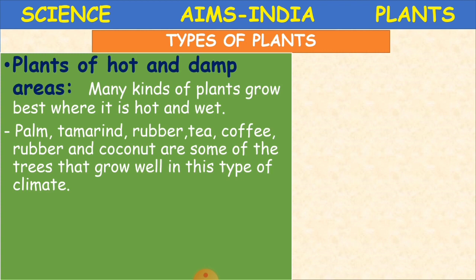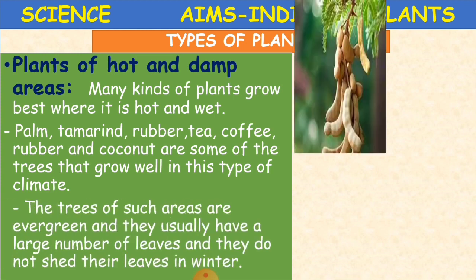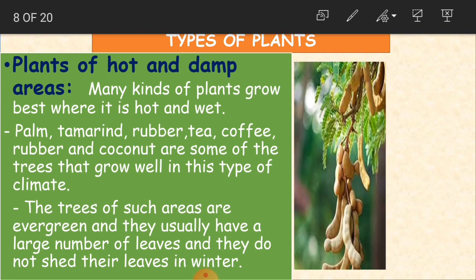These plants prefer this type of climate, which is hot and wet. These trees grow well in this climate. The trees of such areas are evergreen and usually have a large number of leaves, and they do not shed their leaves in winter.